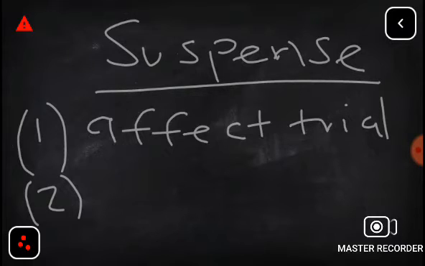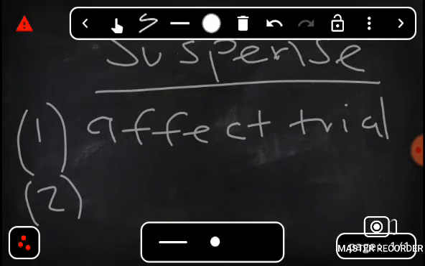So the suspense account is involved with errors that affect the trial balance or the balancing of the trial balance. So that's what we'll be looking at today. I'll be doing a little bit of theory before we start calculating and everything.